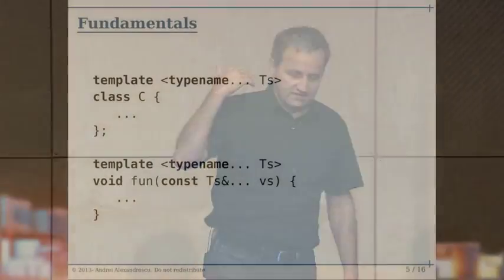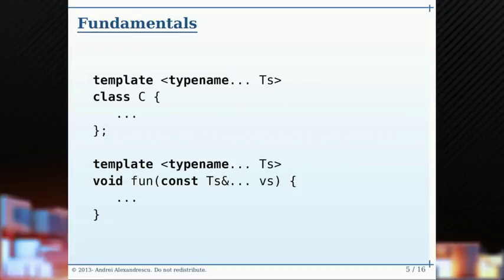There's a new thing in C++11, which is these Ts and Vs. One thing that people sometimes have difficulty coming to grips with is that the symbols Ts and Vs in this slide are not anything comparable to previous C++.